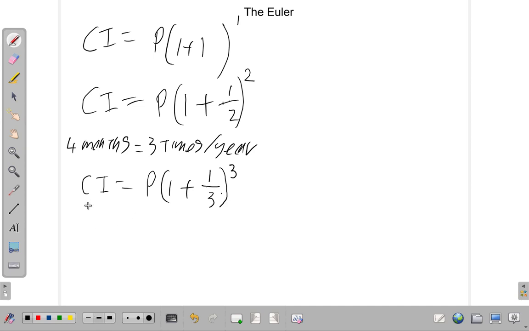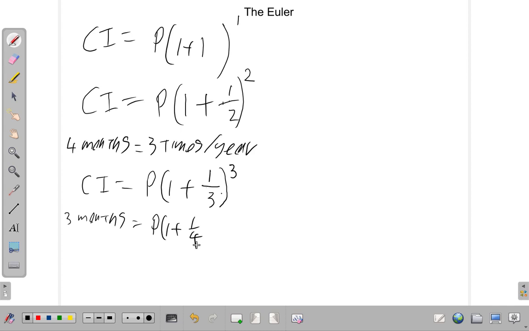Now, suppose you say, no, you want the money to mature and be reinvested every 3 months. Every 3 months would be, in this case, 4 times per year. So it's the principal, and 1 plus 1 over 4. 3 months is 1/4 of a year.